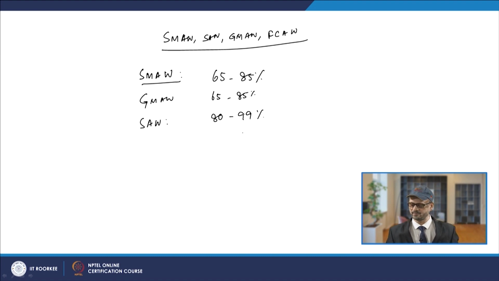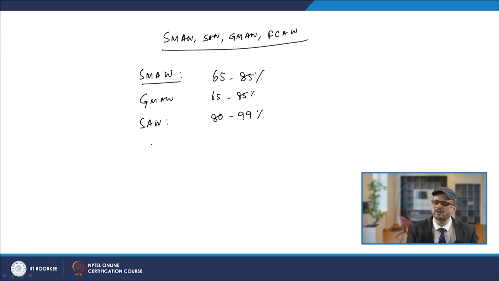So, that is the value for the submerged arc welding process: because of the arc being under the blanket of flux, your thermal efficiency of the heat source will be more.